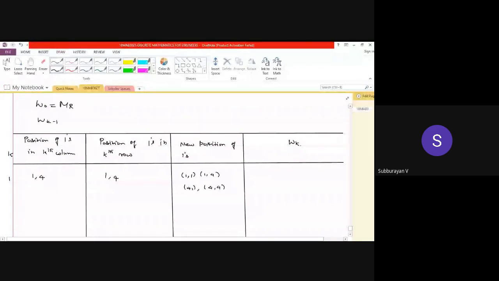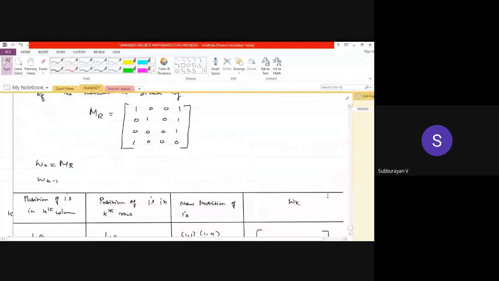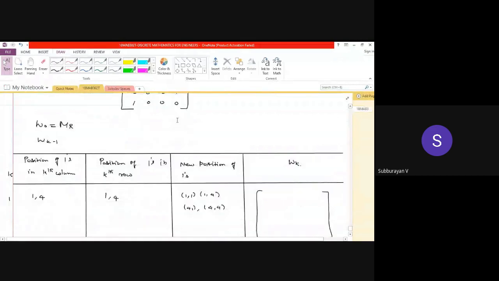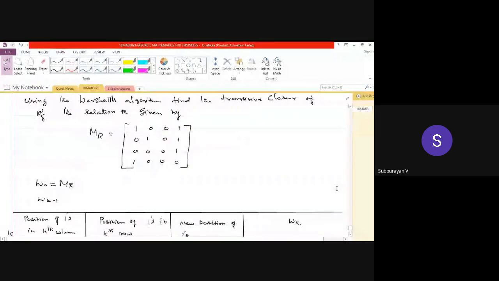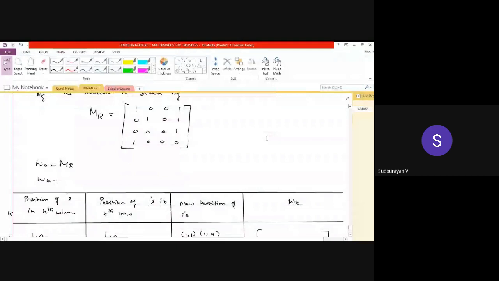Now write the matrix. Entries (1,1), (1,4), (4,1) are 1, but (4,4) is 0 here, therefore we have to make that 1. So the first row is 1, 0, 0, 1.